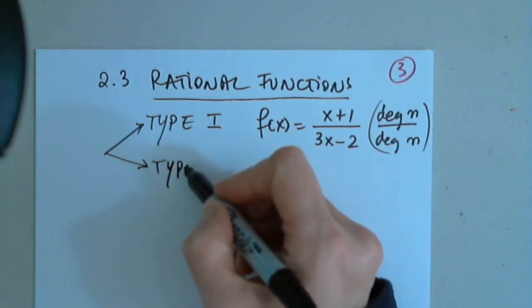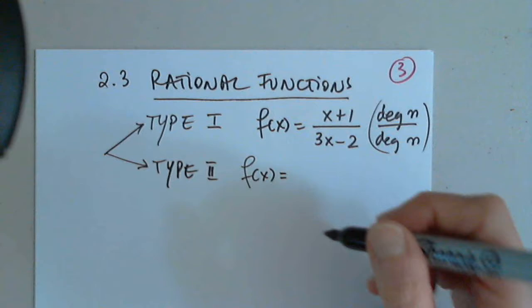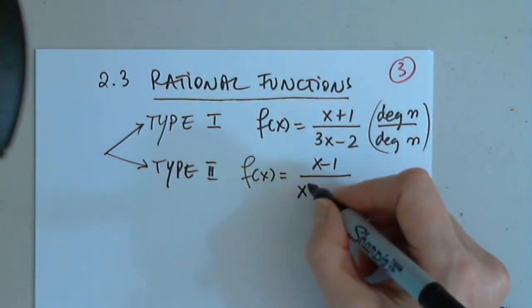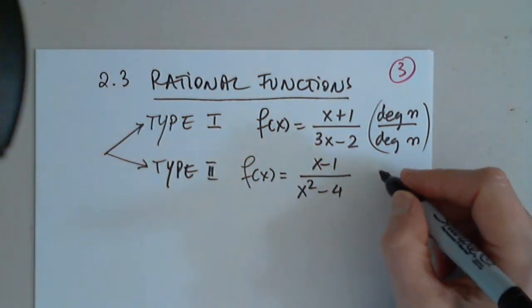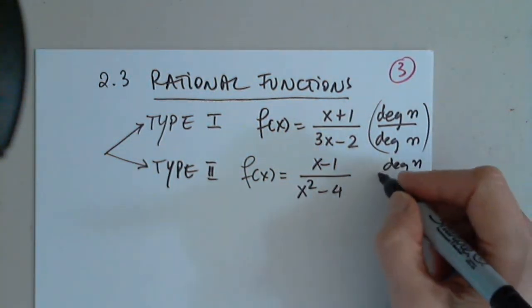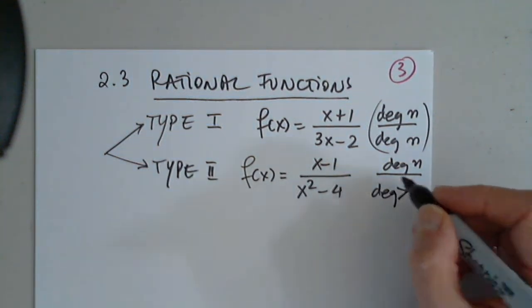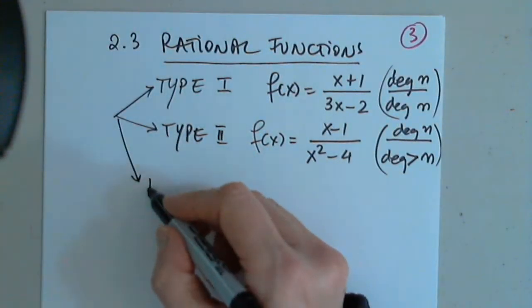Type 2 is a rational function with a higher degree in the denominator. For example, x minus 1 over x squared minus 4. So I will say degree n at the top, but here degree greater than n. We also have something called type 3.